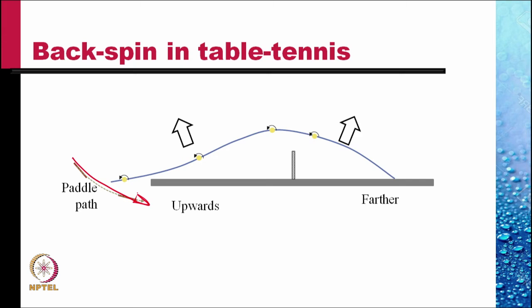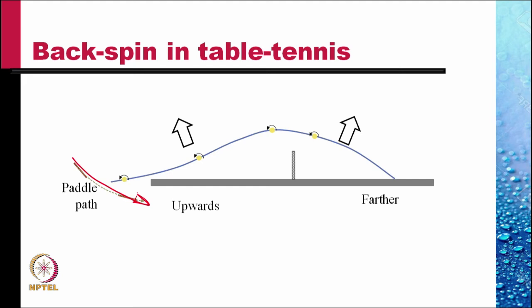When the ball reaches the other half of the table, the lift is oriented like this. So the ball lands on the table a little further than it would if the ball was not spinning.